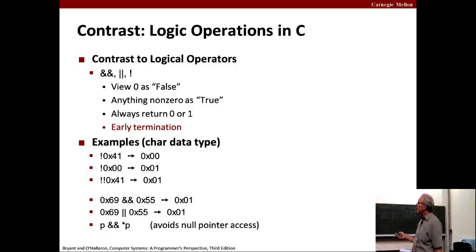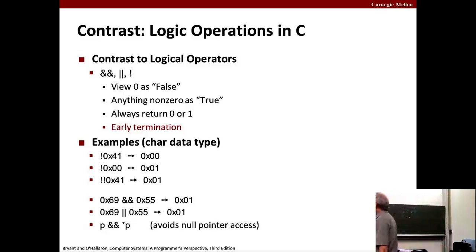So the double bar ones aren't thinking about bitwise operations. They're thinking about something that's either true or false, period. And in that representation, the number 0 is the thing that's false, and any other bit pattern is considered to be true. The other feature that the double bar operations give you is what's called early termination.